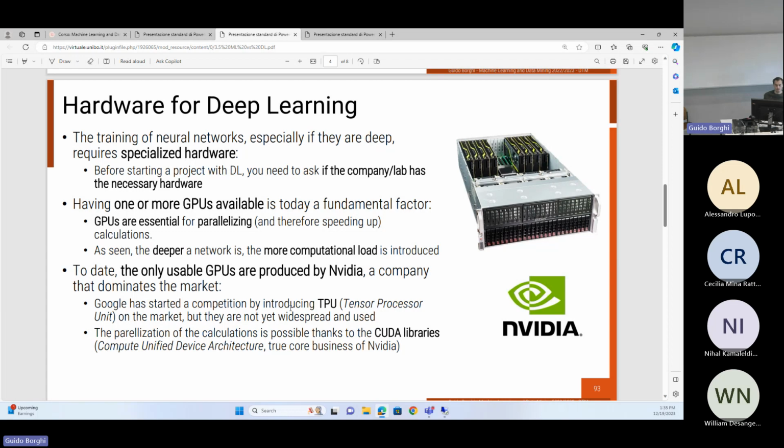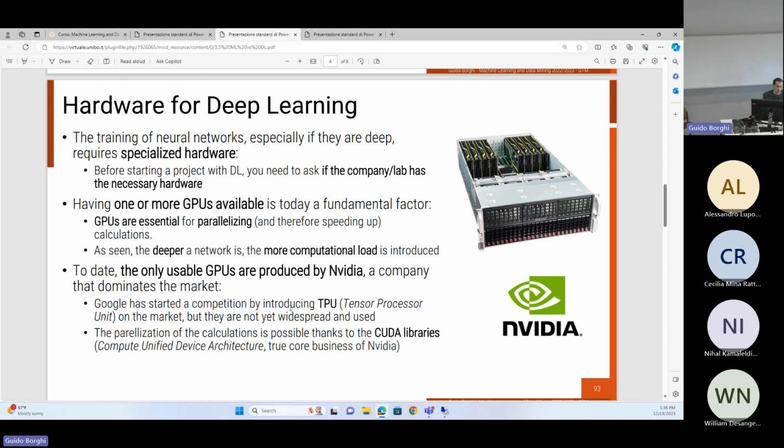And remember that we can use only NVIDIA GPUs since NVIDIA developed the so-called CUDA libraries, that are the libraries that we can use to use the GPUs. Without the CUDA library, we are not able to use GPUs for our deep learning algorithms.